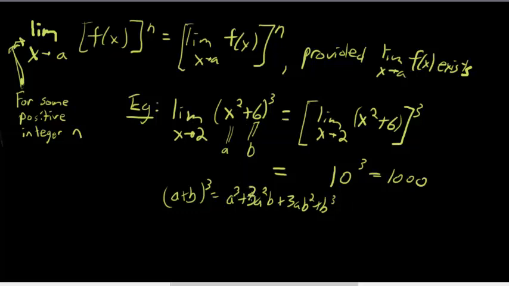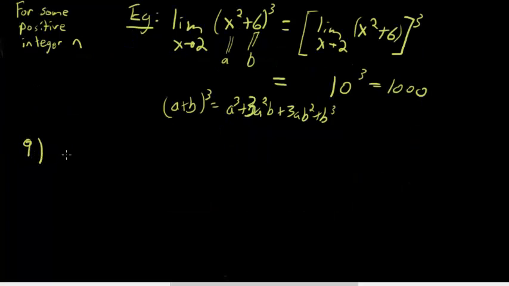The second term, this is a 3 here, the second term would be 3 times this squared, so 3 times x to the 4th times 6, so 18x to the 4th. And by this term, I'm already sick of this, so thankfully we don't have to expand this whole thing out, because of this property here, we can find the limit of what's inside the exponent, evaluate it, and then raise the limit to that exponent, and that's what we did here to get 1,000. And this is property number 8.